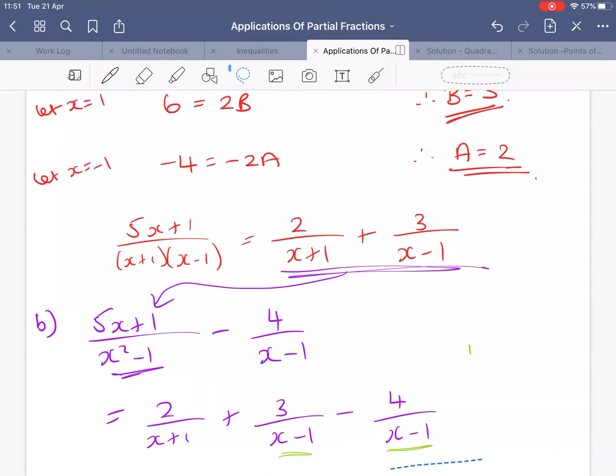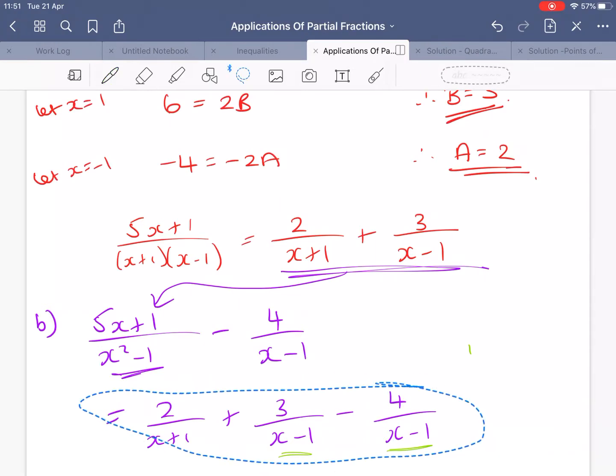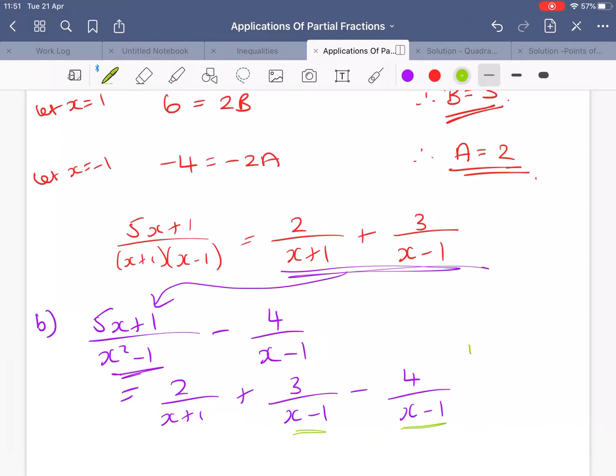Because I haven't got enough space, I just need to move this up a little bit. So what's my answer going to be? It's going to be 2 over x plus 1, because I've still got 2 x plus 1ths, minus 1 x minus 1th, because I had 3 of them, but now I'm taking away 4 of them.